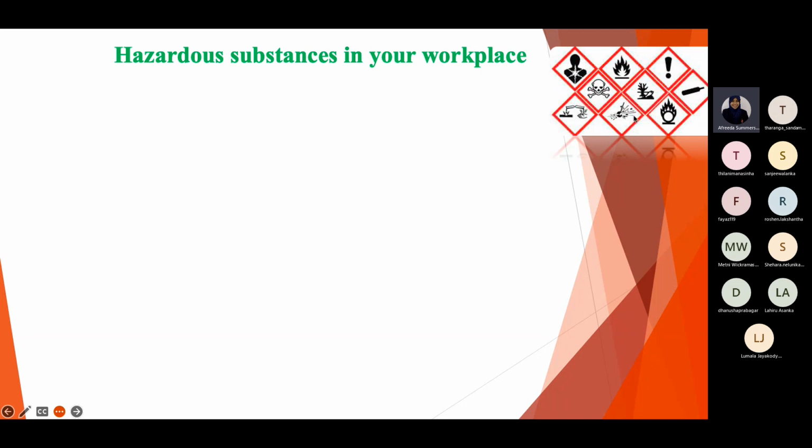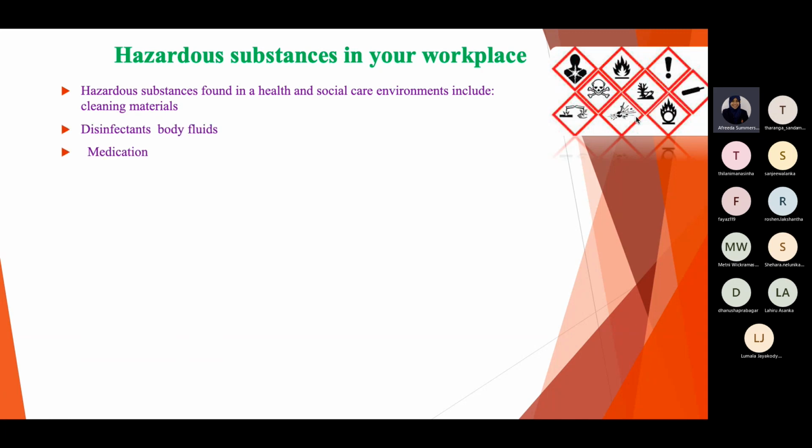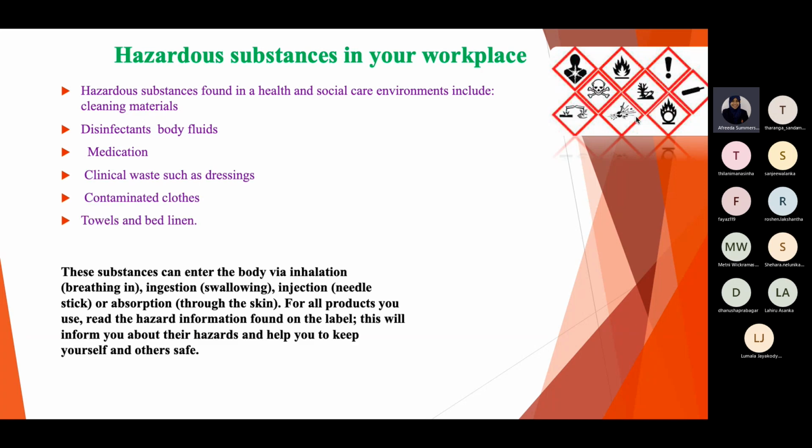So there are different kinds of signs and symptoms that explain a hazardous workplace, right? Hazardous substances found in health and social care environments include cleaning material, disinfectant, body fluids, medication, clinical waste, contaminated clothes, towels and bed linen. People need to be very mindful when discarding this waste, because when you don't discard disinfectant, body fluids or towels properly, people working around there can get sick.